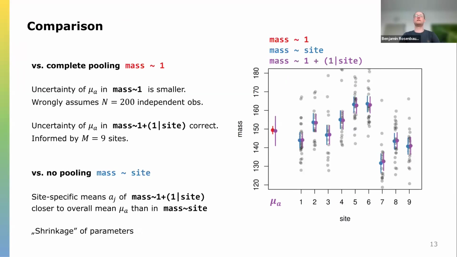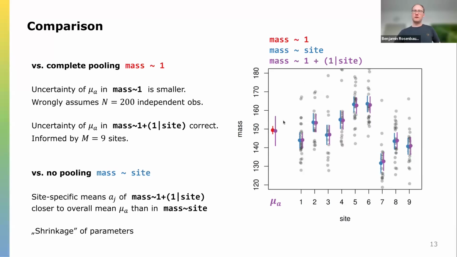So let's compare all of these three approaches. Here, first one, the complete pooling: I just fit an intercept. The blue one is the no pooling: I'm estimating independent site level means. And then this compromise between the two of them is this partial pooling or random effects model.